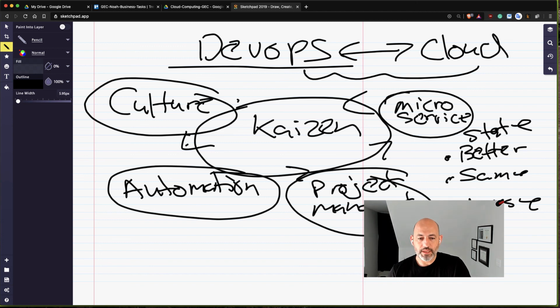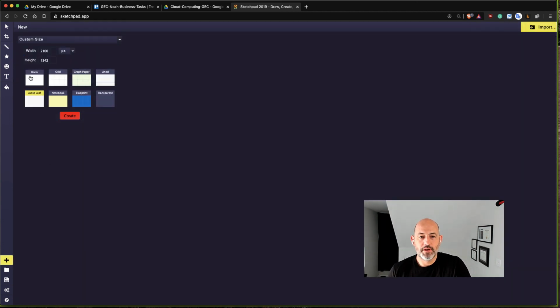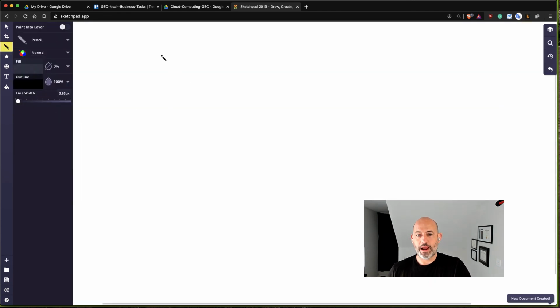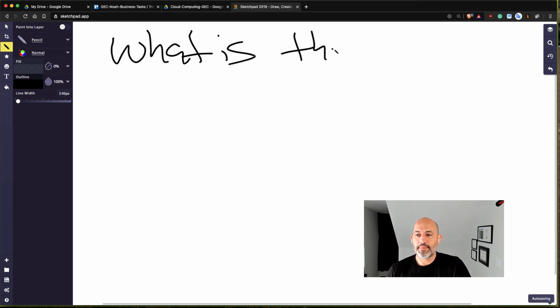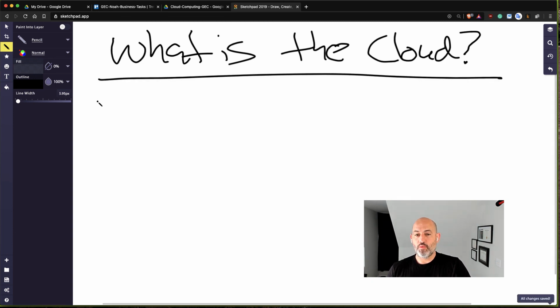So that's one of the things to really consider with cloud computing. If we wrap this up, now what is the cloud? I think the summary is that it's a way to practice Kaizen, which is continuous improvement.